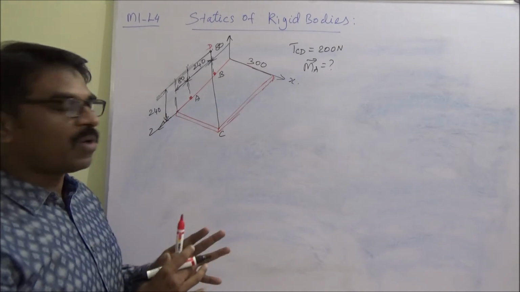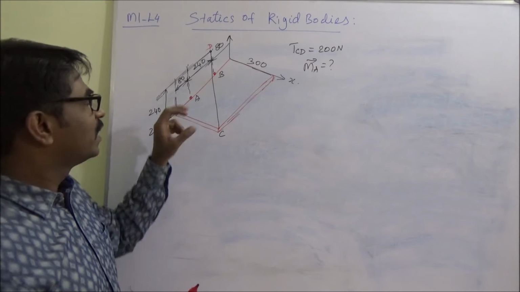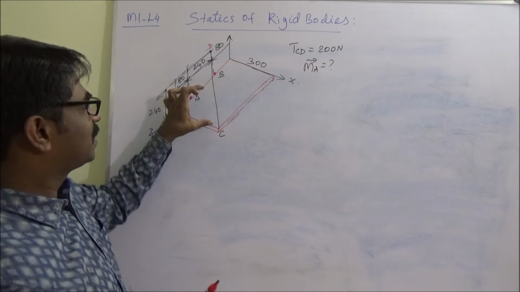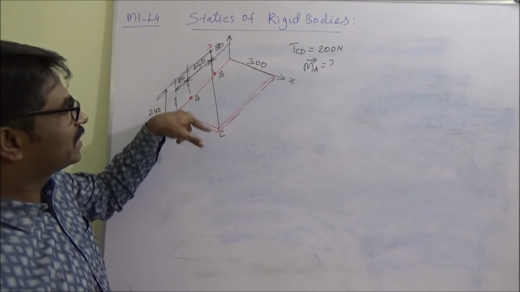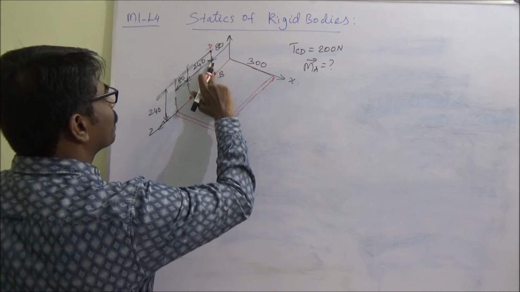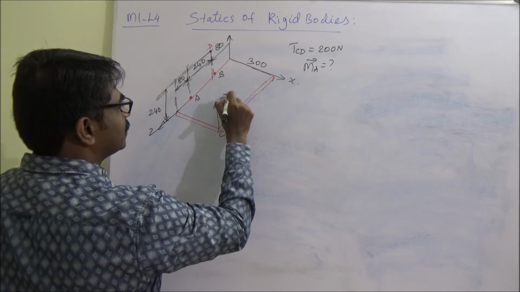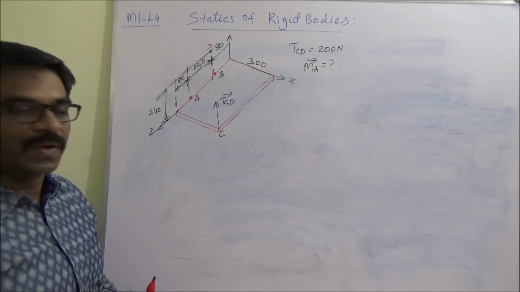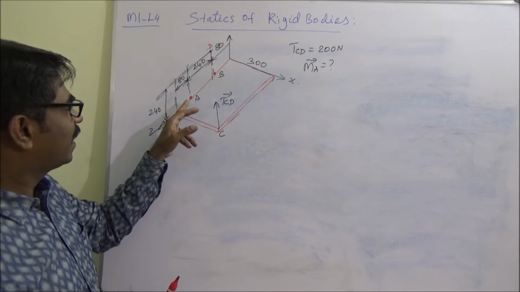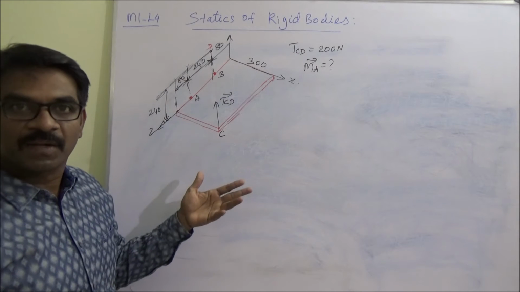So the moment about A of this force has to be found out. The magnitude of that tension force I call tension CD. If I cut here and see, this is my TCD vector, and about this point we need to take moment.